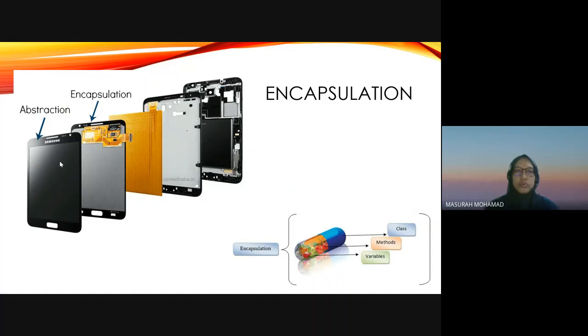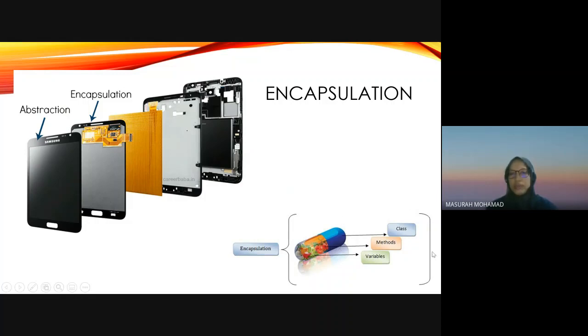You don't want to know how the phone is being operated. And encapsulation is at the second level of the mobile phone, whereby it hides the attributes or the properties and the behavior of the mobile phone. So we just show what functions are offered by the mobile phone.